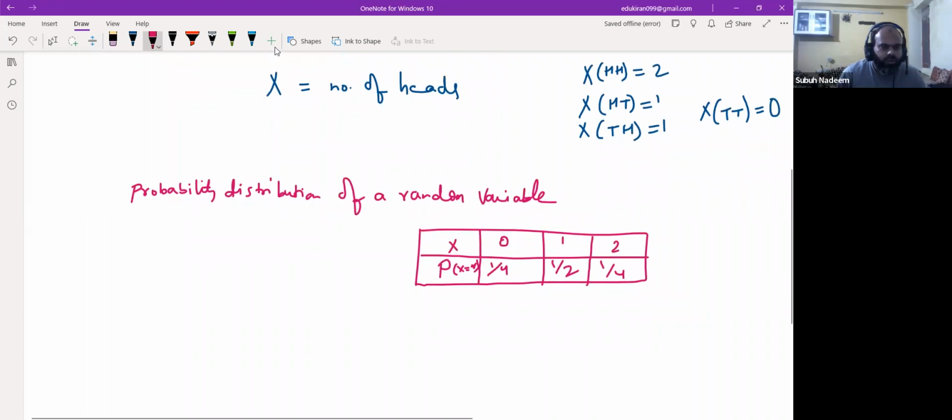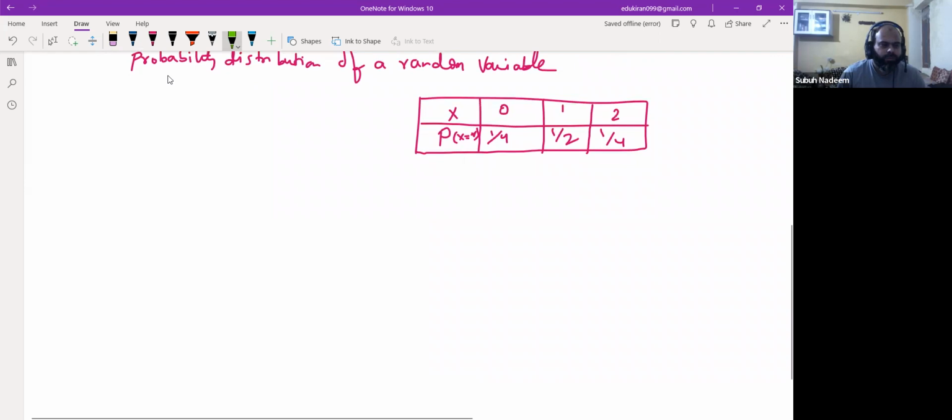Okay. Now, after knowing the probability distribution, we have the mean of a random variable. Let us discuss the mean of a random variable.